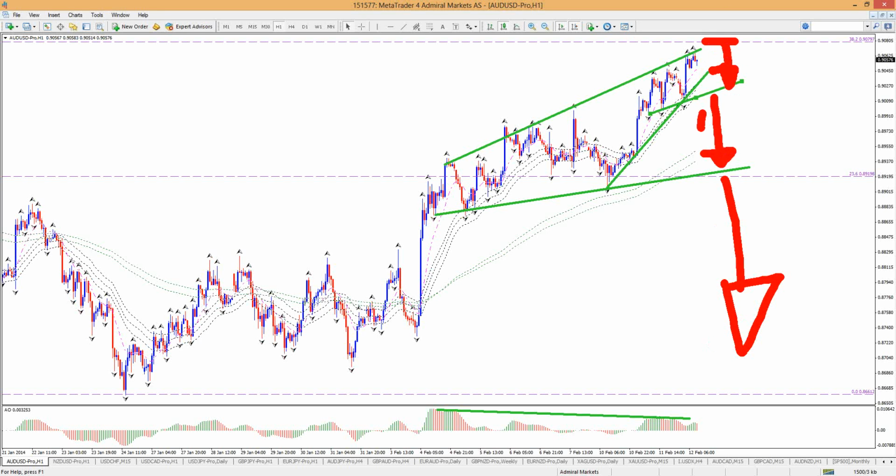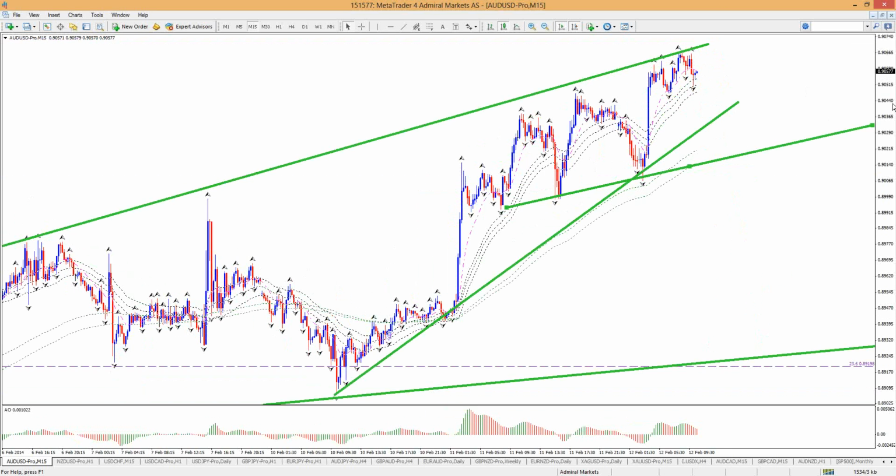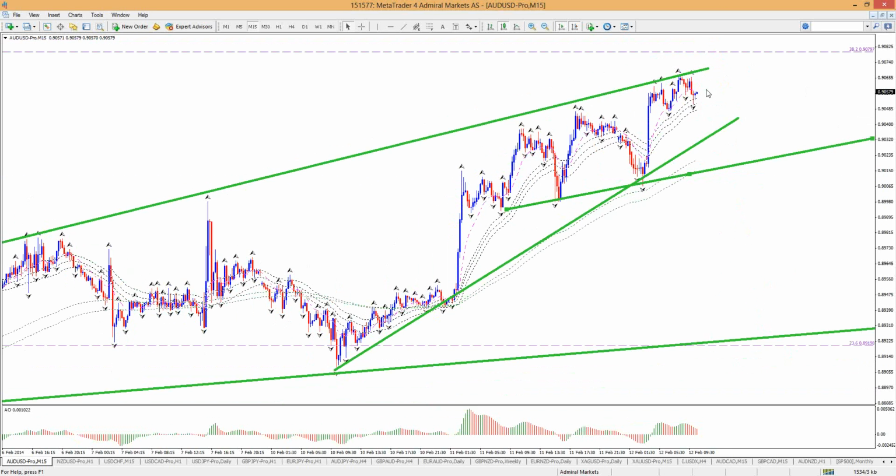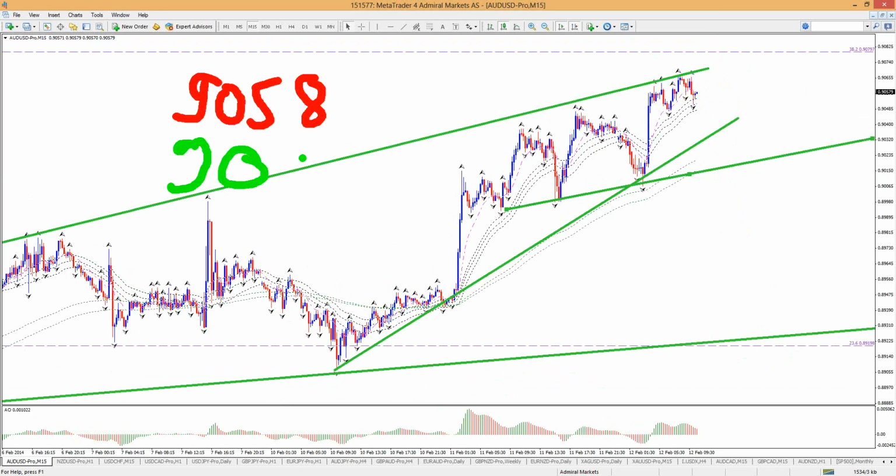Upside, if anyone is bullish, then I wouldn't recommend it at the moment, personally. I don't see any reason to be bullish at the moment on the Aussie. It's too close to the target. There's only 20-some pips difference. At the moment, price is at 90.58. The target is at 90.80. That's 22 pips difference.